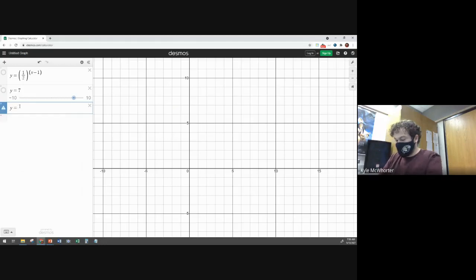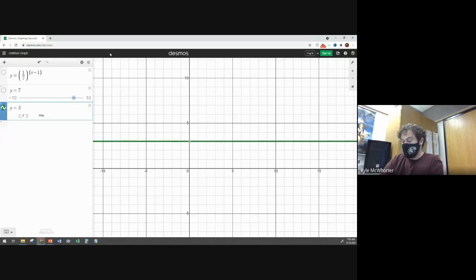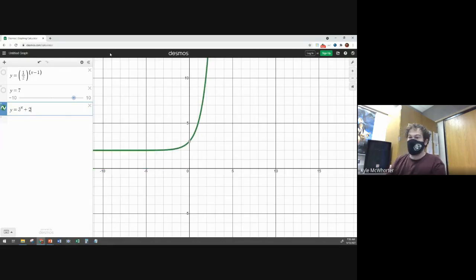Y equals 3 to the, now if you don't write parentheses and you just say, what was it? X plus 2. If you just type x plus 2, look what happens. Oh, wait. 3 to the x plus 2. See how it puts the x up in the exponent, but then it leaves the plus 2 down there?